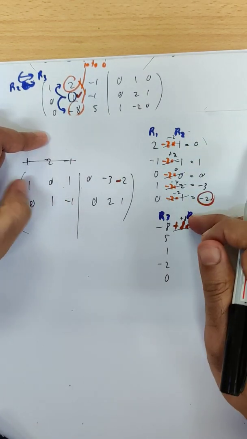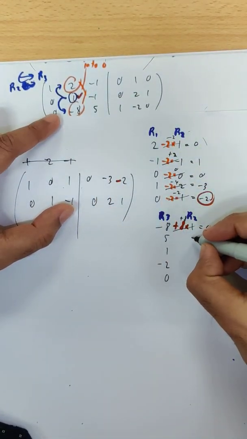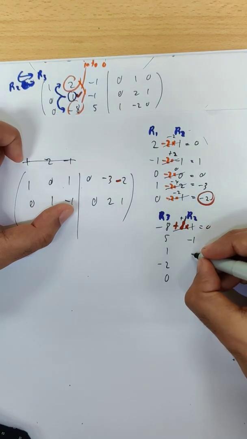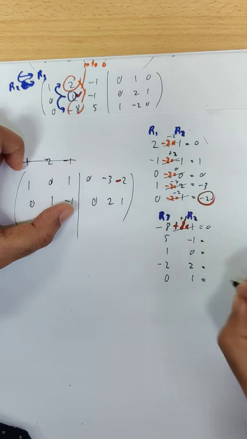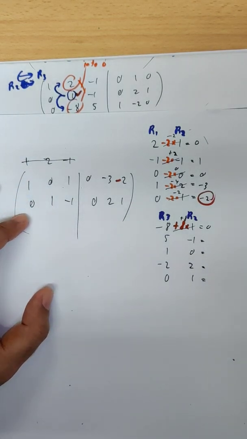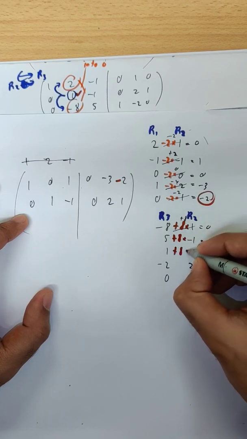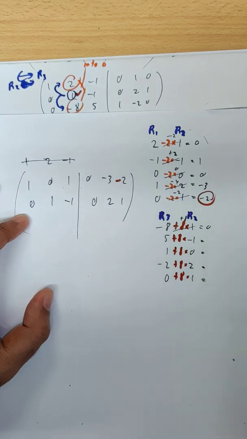Yeah, that's still correct. Row 2 is negative 1, 0, 2, 1. Okay, so what happened in between? I plus 8 times, plus 8 times, plus 8 times.